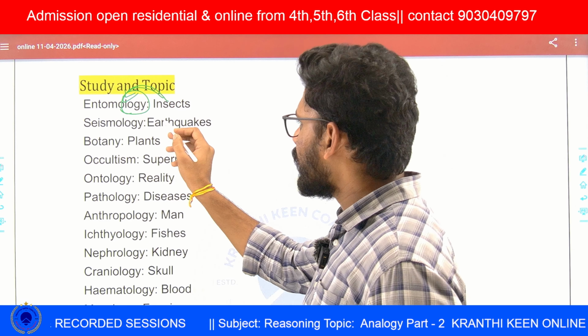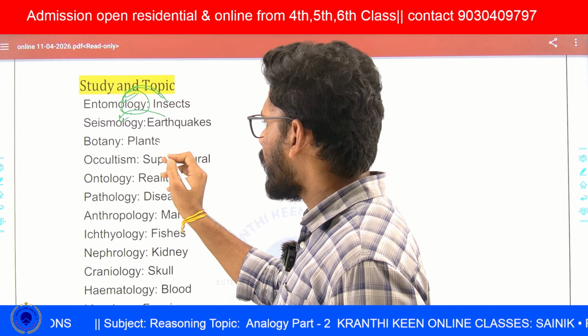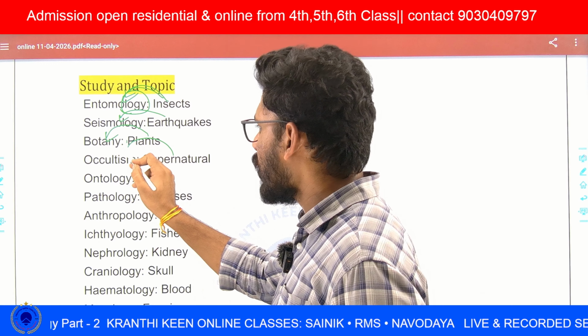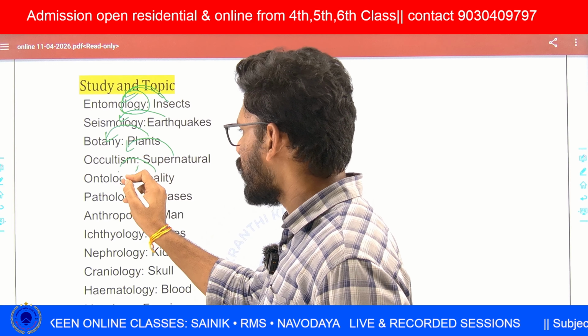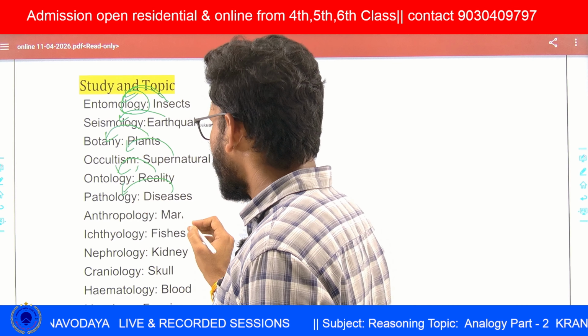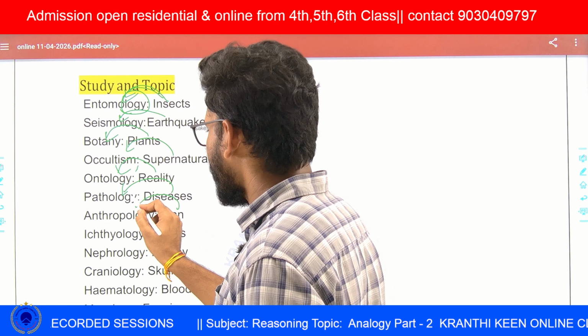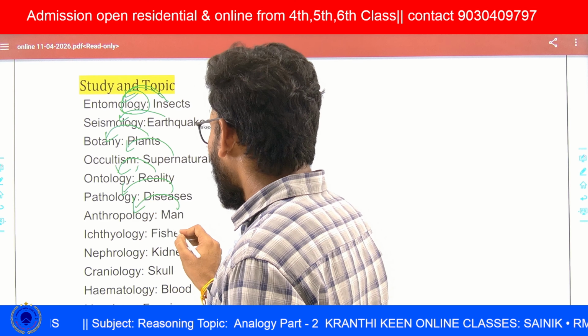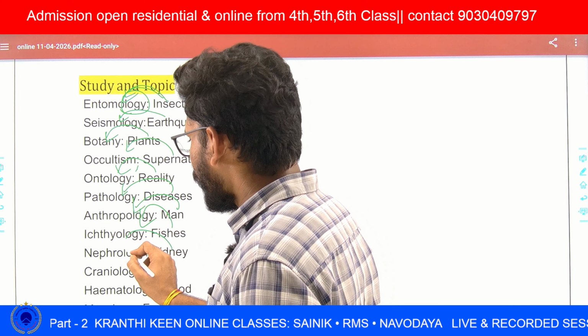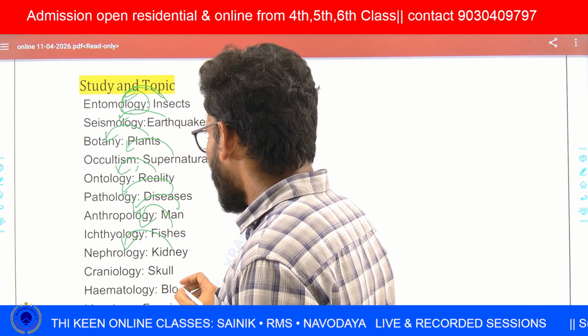The study of earthquakes is called seismology. The study of plants is called botany. The study of the supernatural is occultism. Reality is ontology. The study of diseases, pathology. The study of man, human beings, that is anthropology. Fishes is ichthyology. Nephrology, the study of kidneys. Craniology, the study of skulls. The study of blood is also important: hematology.